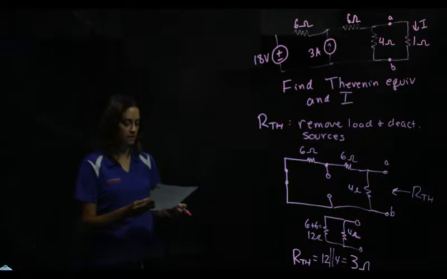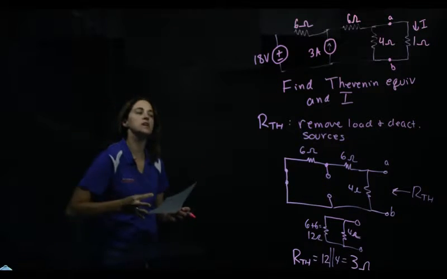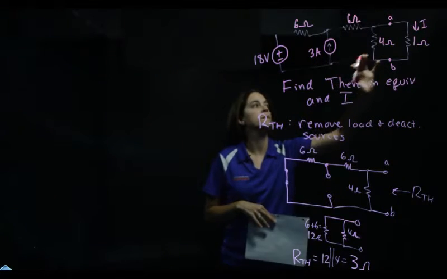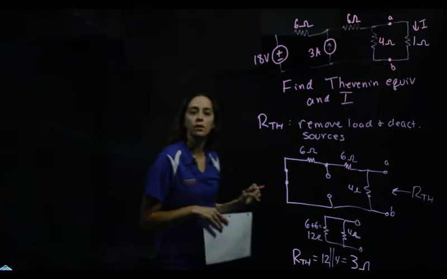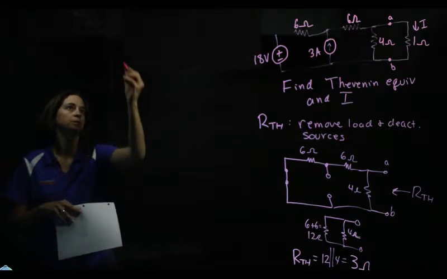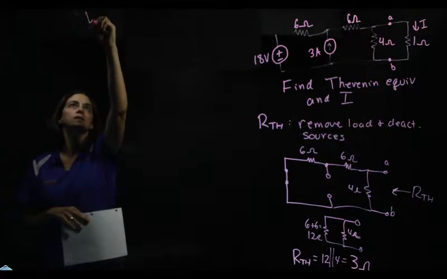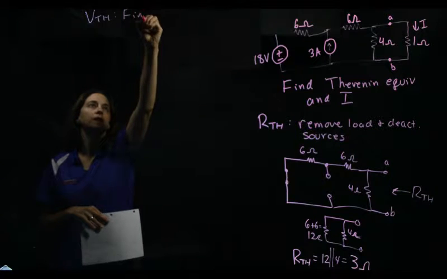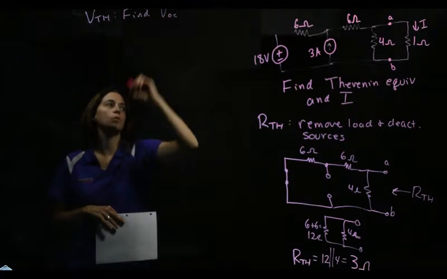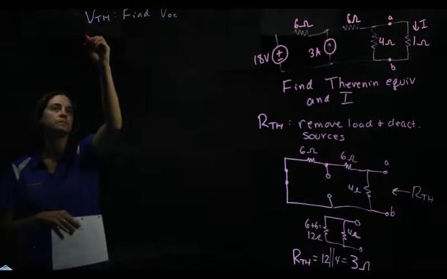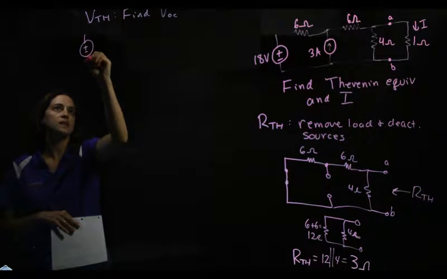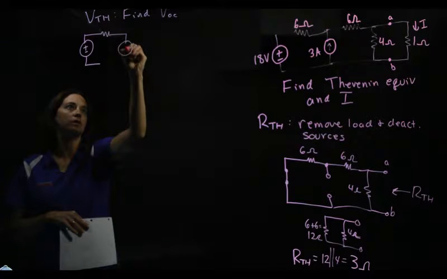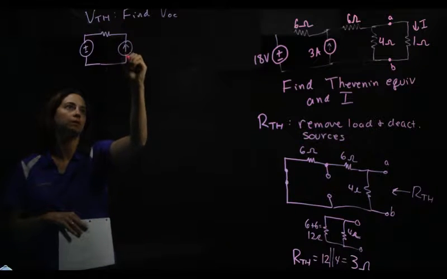To find our V Thevenin, we want to look at our V open circuit. So we want our original circuit here, but with an open circuit right here where the load goes. So we want to find V Thevenin. Find VOC, or V open circuit. So I have that exact circuit over there without the load.